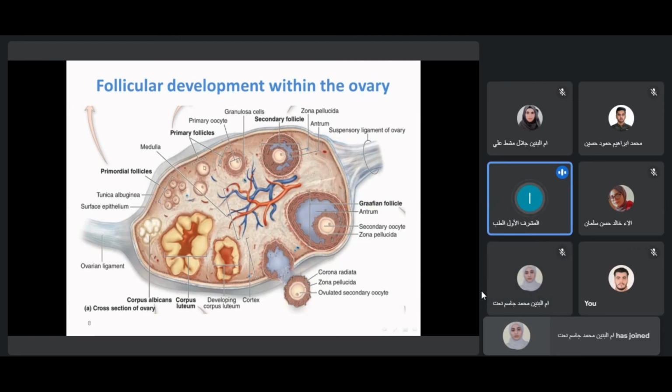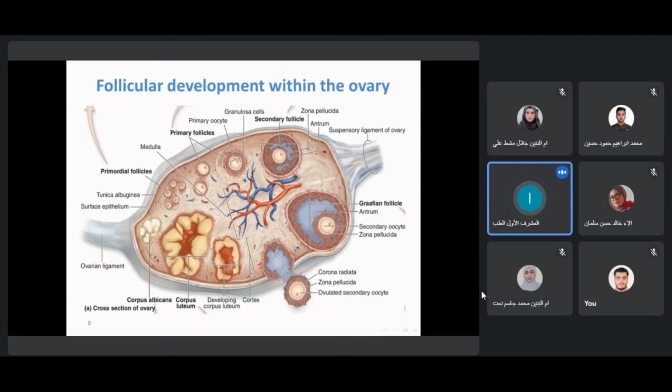The first type of follicle that forms after primordial follicles is called the primary follicle, which then develops into a second, larger, more developed type, called the secondary follicle, and then the secondary follicle changes into the mature follicle, called the Graafian follicle. This is after ovulation.